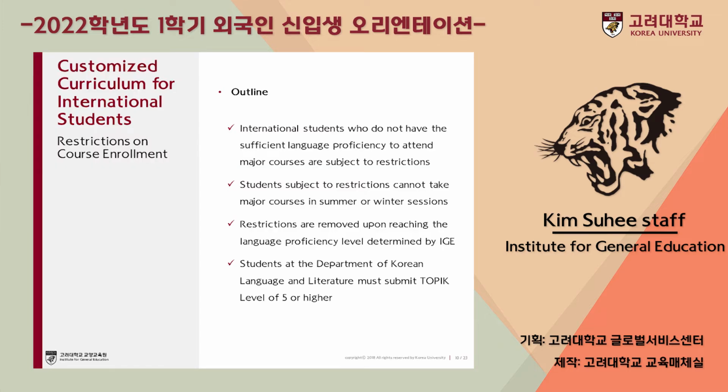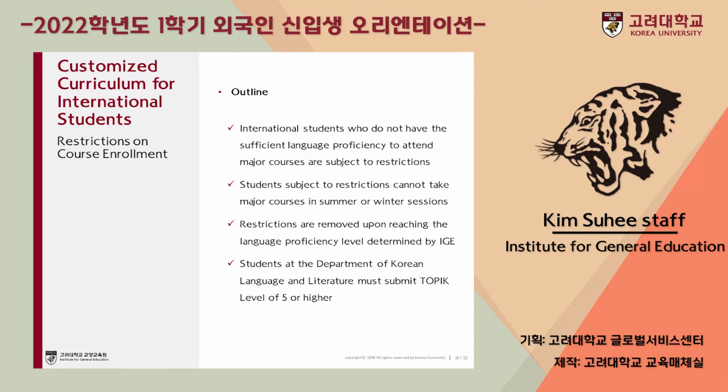The Institute for General Education places restrictions on major course enrollment for international students who do not have sufficient language proficiency to attend major courses. Students subject to restrictions cannot take major courses in summer or winter sessions. All restrictions are removed upon reaching the language proficiency level, which is determined by the Institute for General Education.